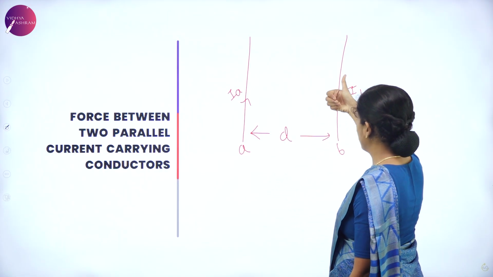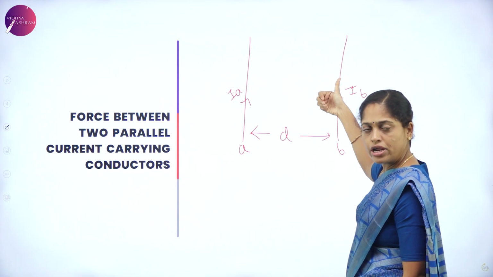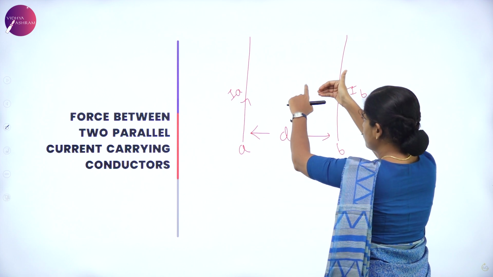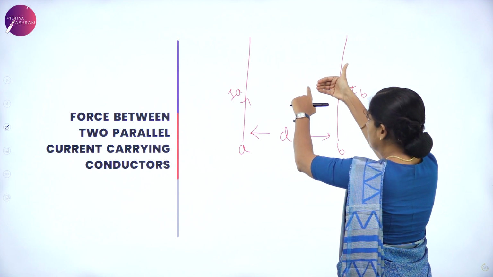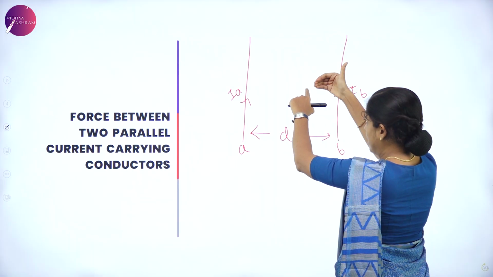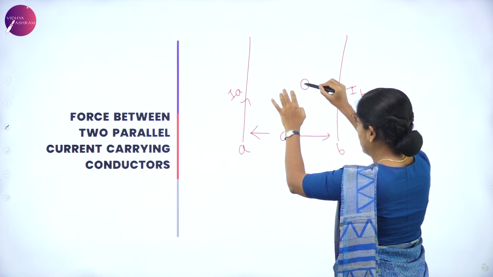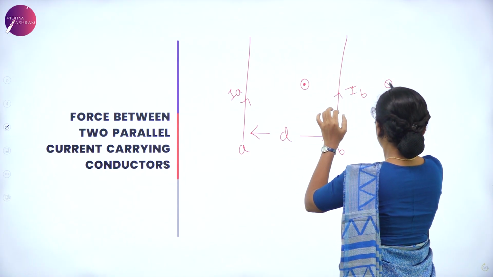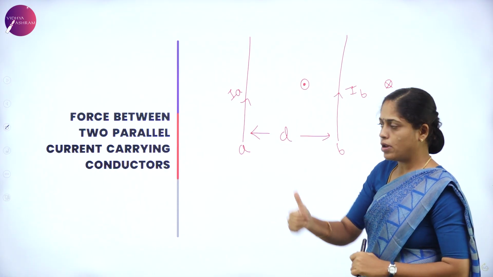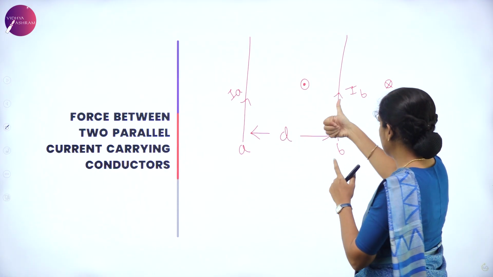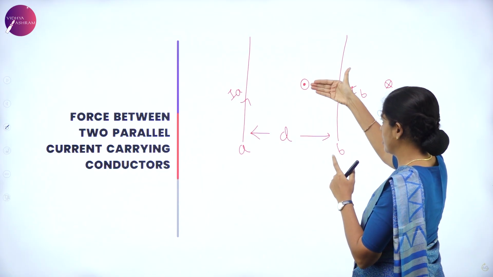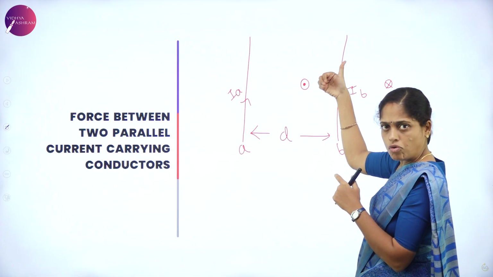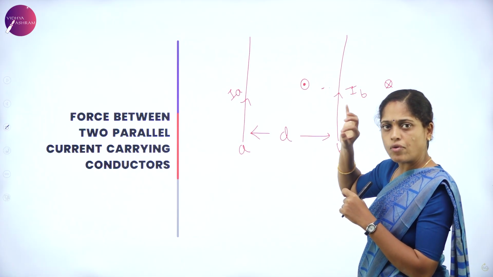So, first I will find out the direction of the magnetic field around the second conductor, that is B. From this point, the magnetic field is out of the plane of paper, and at this side, the magnetic field is into the plane of paper, because the thumb you have to keep in the direction of current and the curved fingers represent the direction of the magnetic field around the current carrying straight wire.